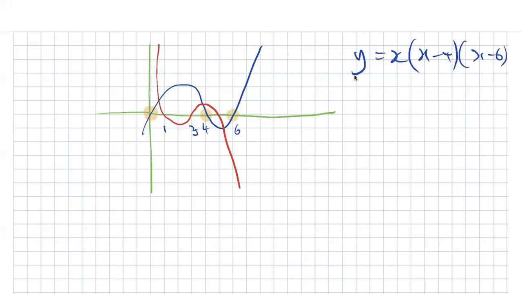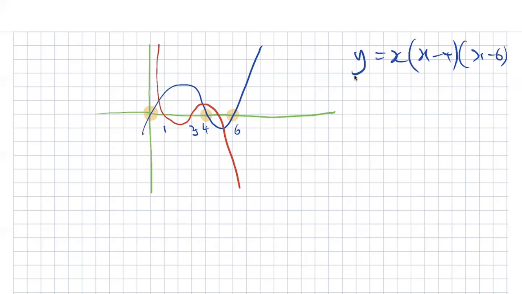And as a check, you can have a look and see where it intersects the y-axis, but this one passes through 0. So we can't check if there's been a scale change or anything like that. And we're not worrying about scale changes anyway, so you can just ignore that comment for now. The other thing to note is it is an upright cubic, so it's positive tending.